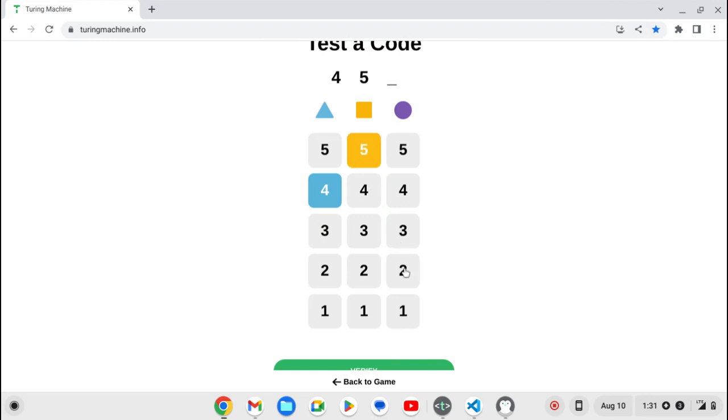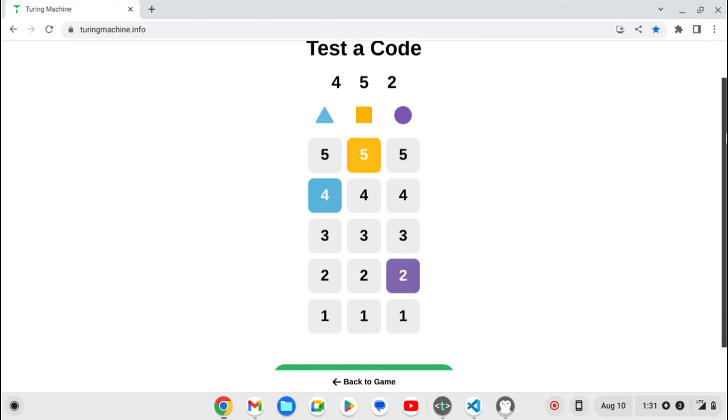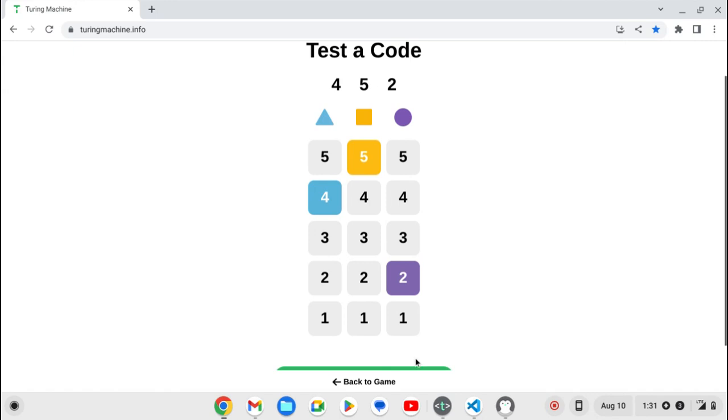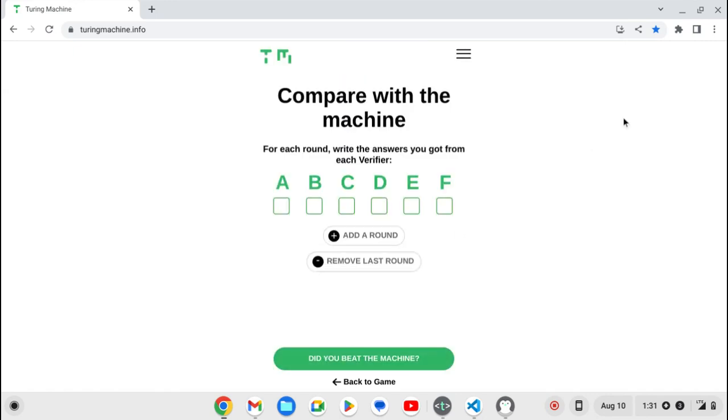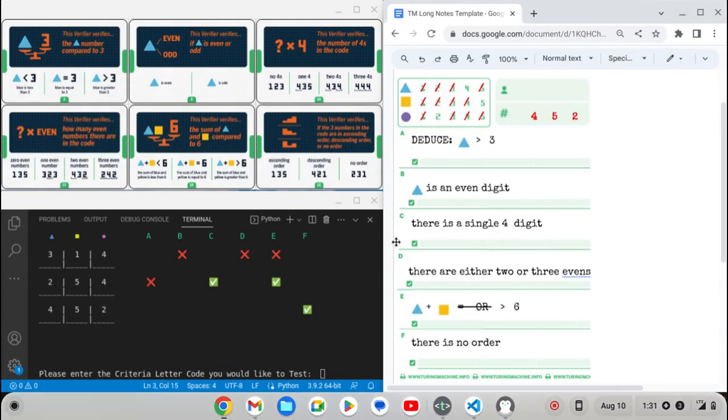Four, 5, 2. Okay, fantastic. Well, let's see how we did against the Turing machine, because we did go 3 rounds and did 7 tests. We'll see how we did. So we did BDE in the first round, and then ACE the second, and then F on the final 3rd round.